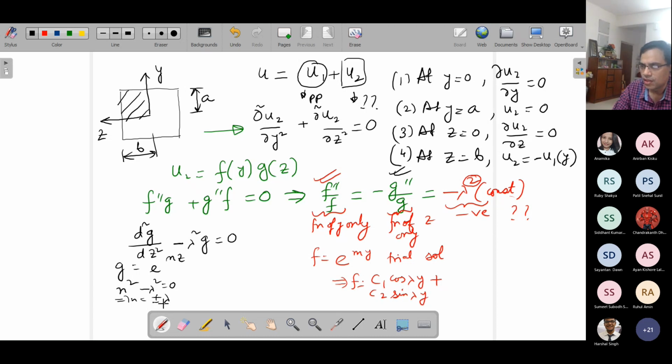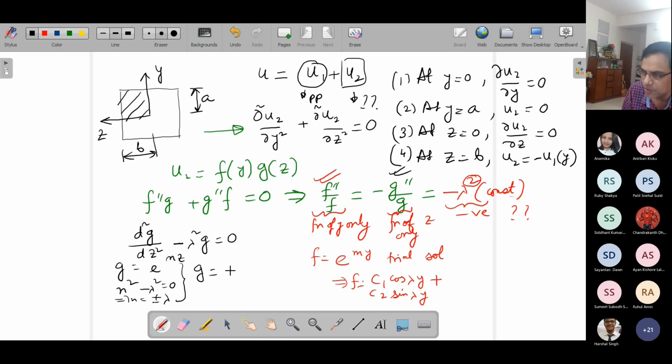the power lambda z plus c4 e to the power minus lambda z, or instead of e to the power lambda z and minus lambda z, we can write it as a combination of cos h lambda z and sin h lambda z. So let us write the cos h and sin h. It will help in compactness of writing.